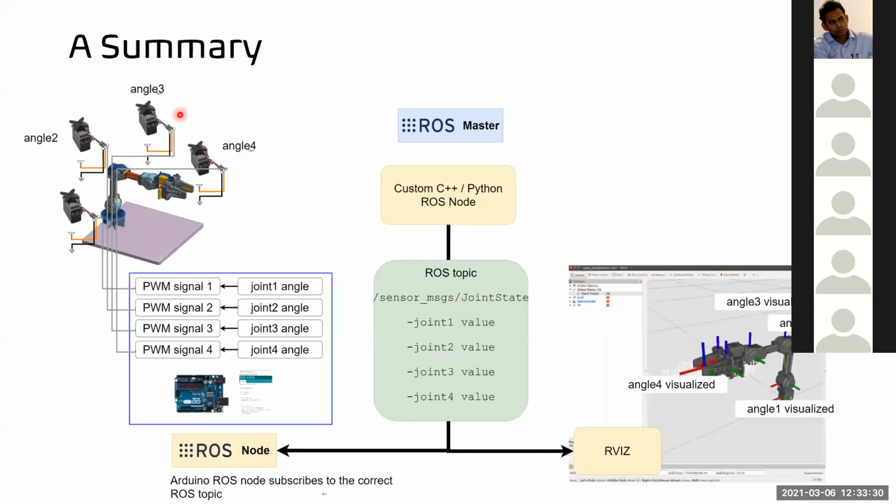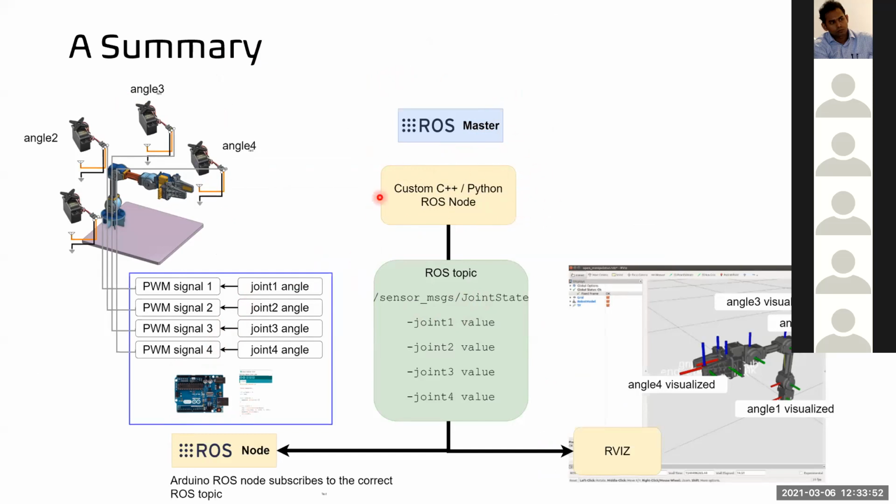As a summary, let's assume that you have converted your Arduino into a ROS node. Your laptop will be running the ROS master, and there will be custom C++ or Python ROS nodes handling all your commands.